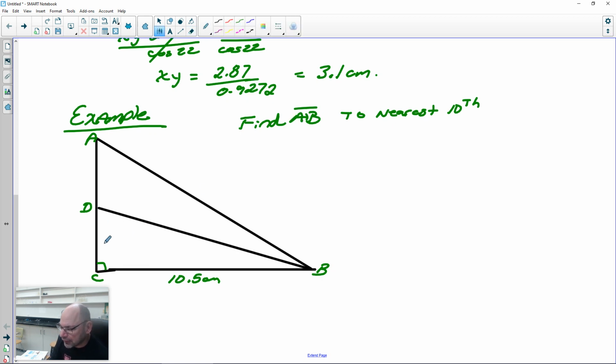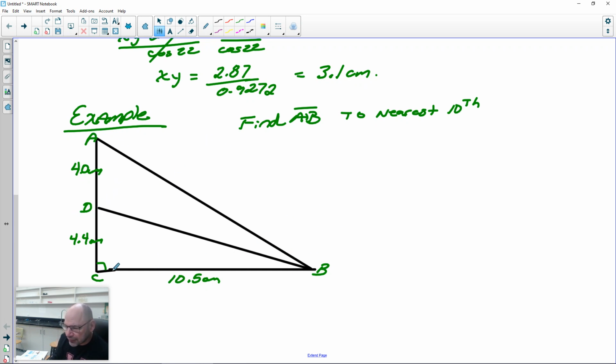And let's say that this one here is 4.4 centimeters, and this one here looks about the same, but we'll say it's slightly shorter, let's say it's 4.0 centimeters. Okay, and you want to find DB.